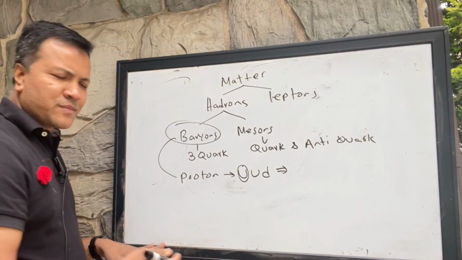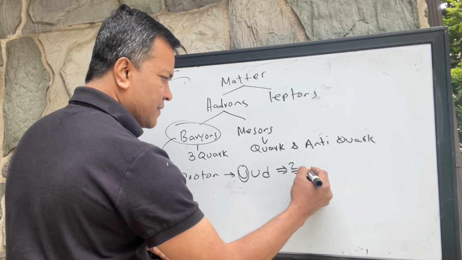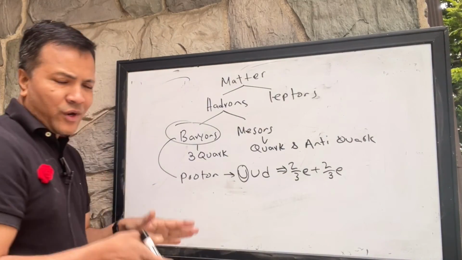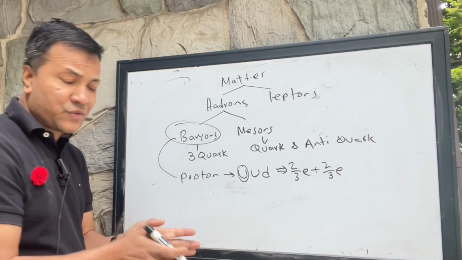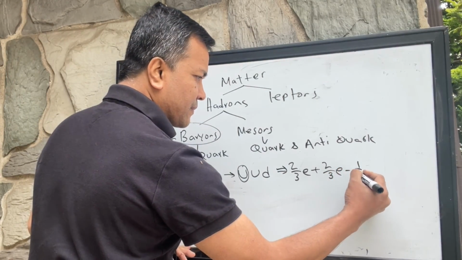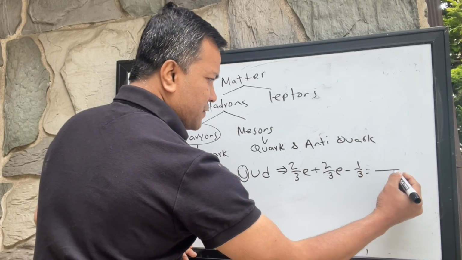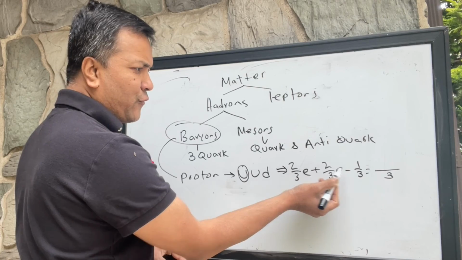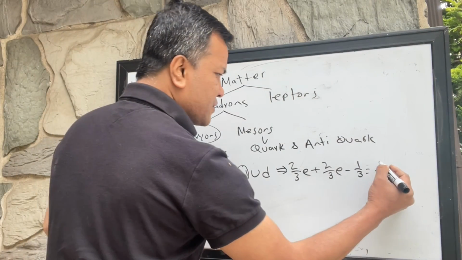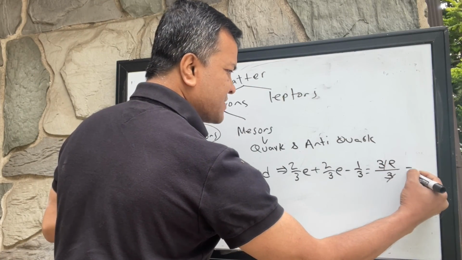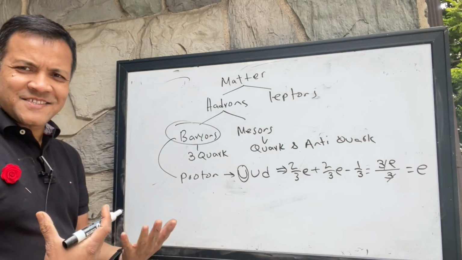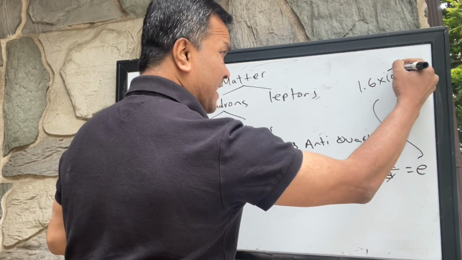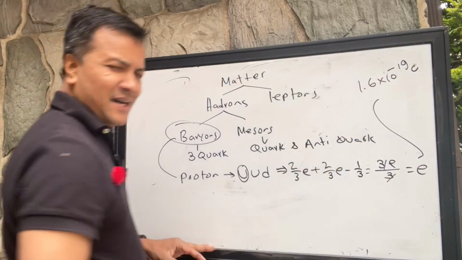Up quark has a charge of 2/3, and down quark has a charge of -1/3. So if you do the math, 2 plus 2 is 4, 4 minus 1 is 3. So 3e over 3, cancel, leaves e, and e is about 1.6 times 10 raised to negative 19 coulomb.